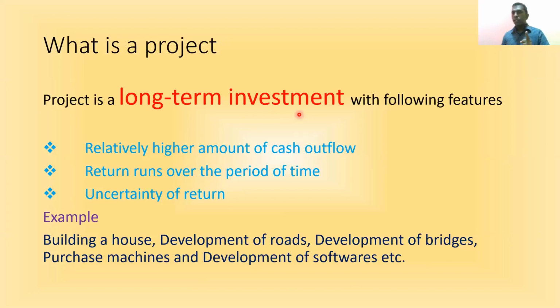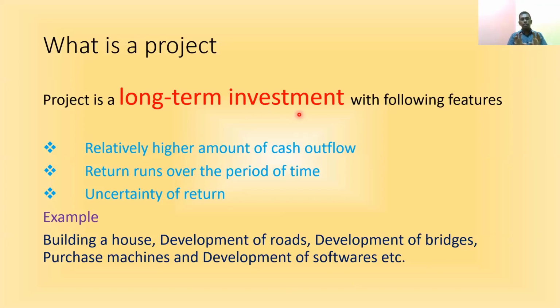Then the uncertainty. Uncertainty means that returns always come in the future from the investment opportunity, but we are in a kind of doubt whether we can take these returns in the future.